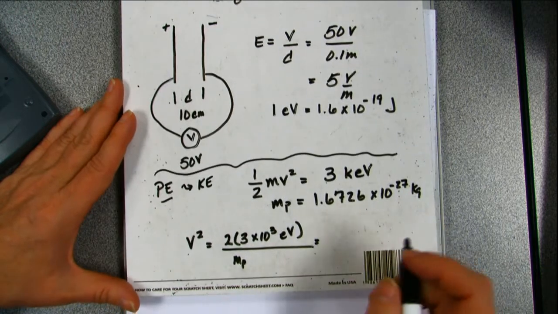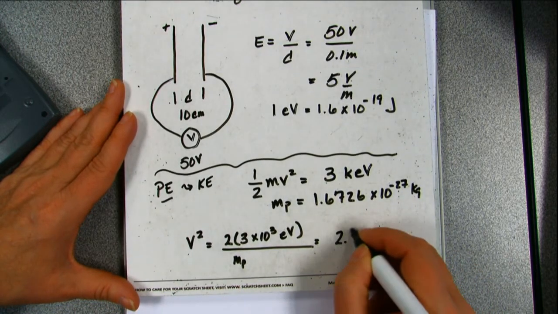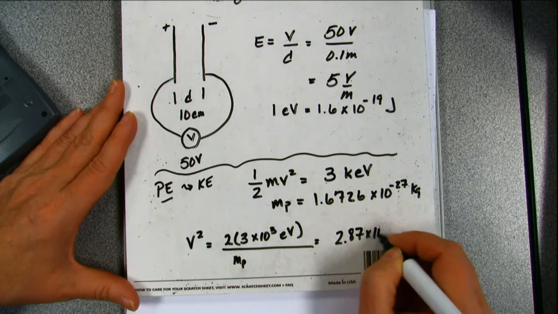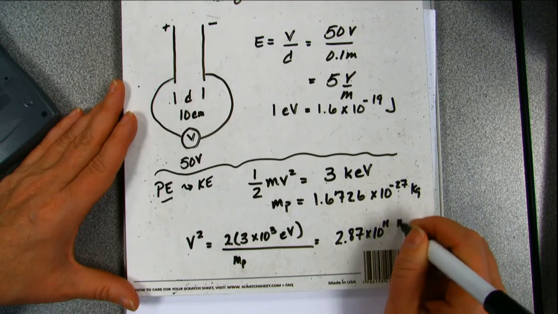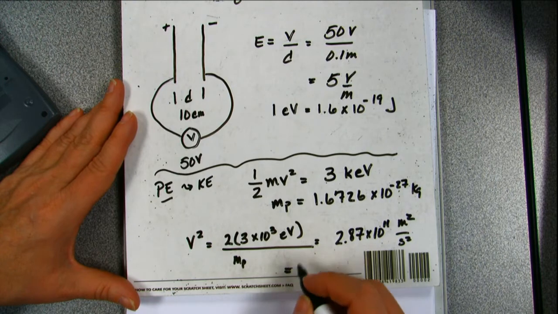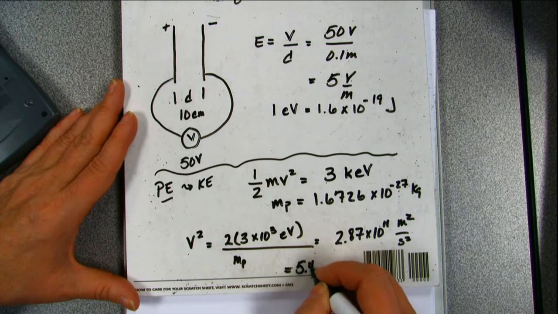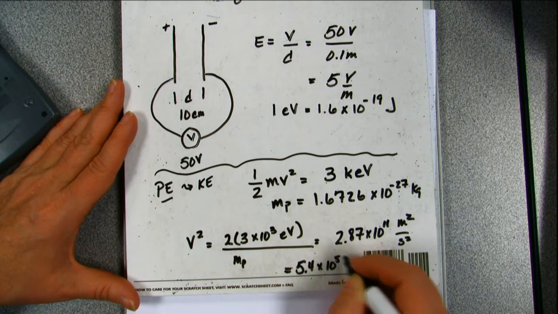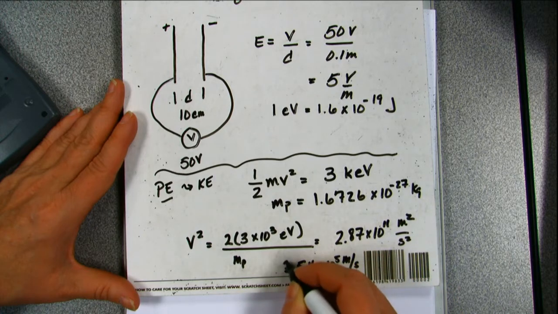If I plug that in, I get 2.87 times 10 to the 11th meters squared per second squared. And if I take the square root, I get about 5.4 times 10 to the 5th meters per second.